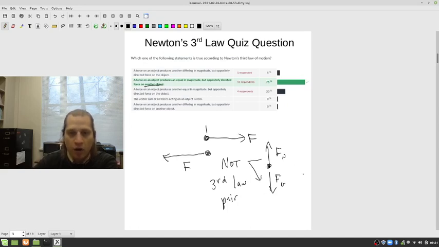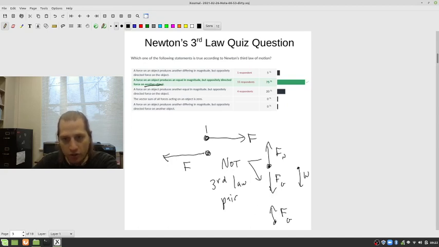In fact, what is the third law pair? Well, there's a force being pushed down on the surface. That's by the object. That's the weight that it feels. And there's also a gravitational force that the object is putting on the Earth.